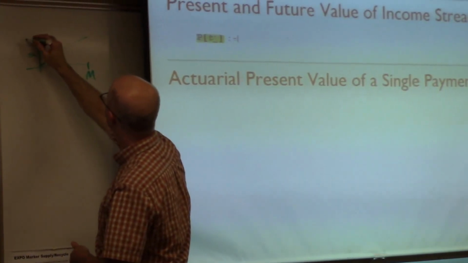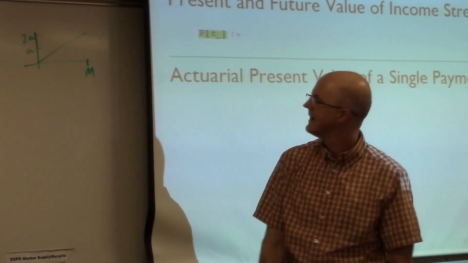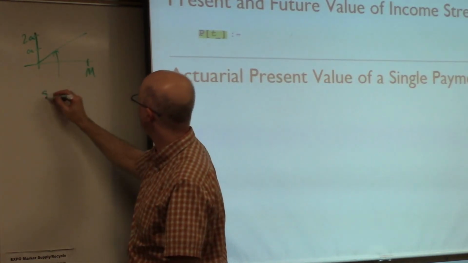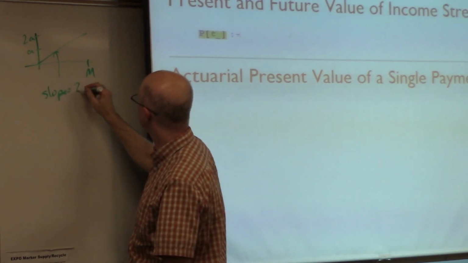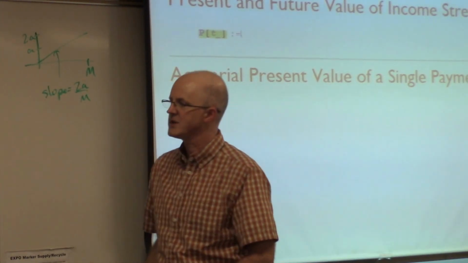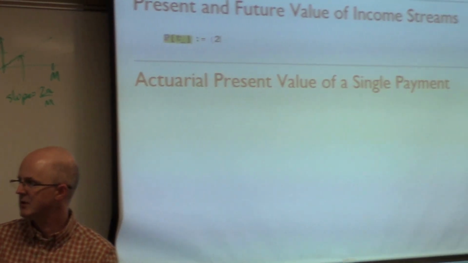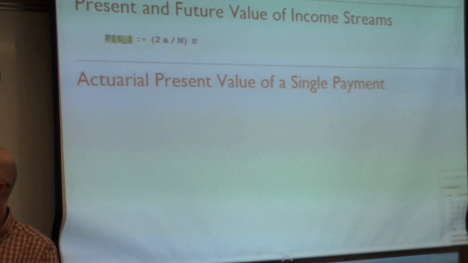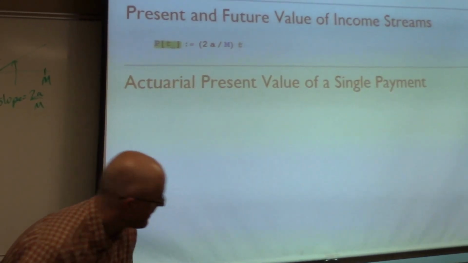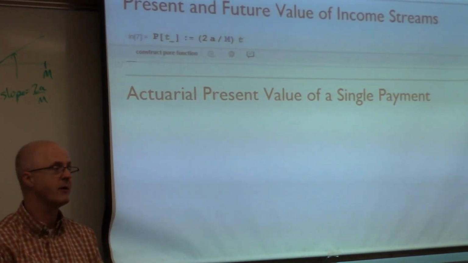That means the highest value is going to have to be 2a. And the slope of this line will have to be, rise over run, 2a over m. So the equation for such a situation would be P of t equals 2a over m times t. That'll be a linearly increasing function whose graph looks like what's on the board there.